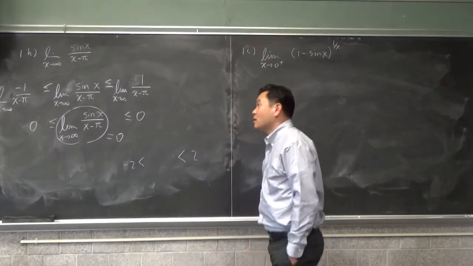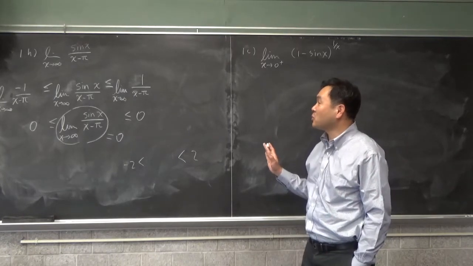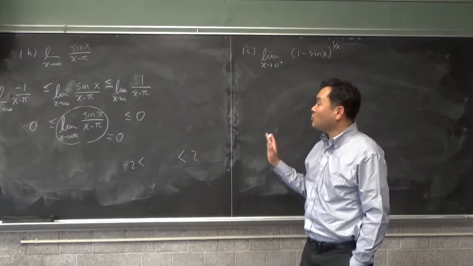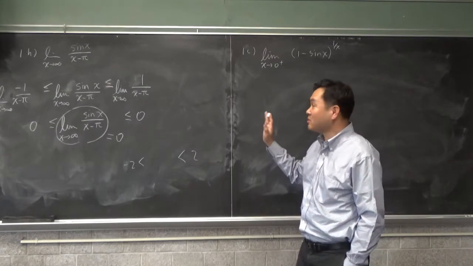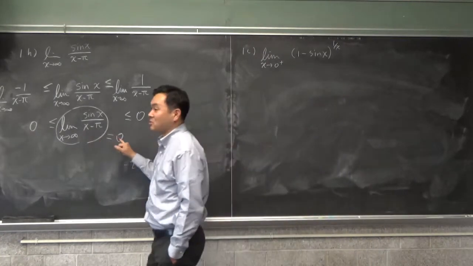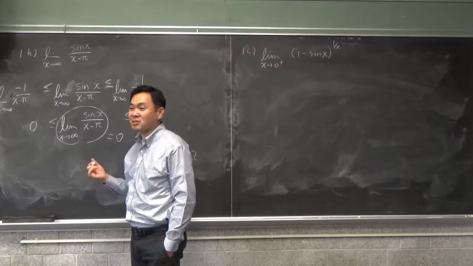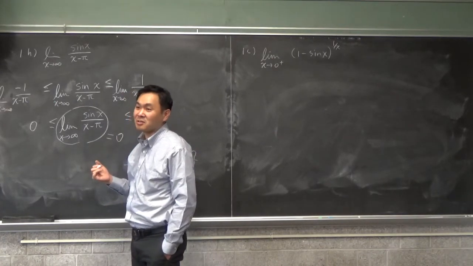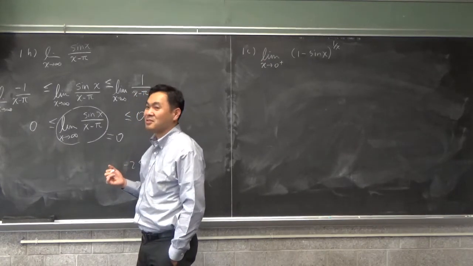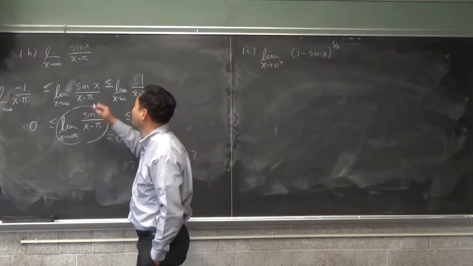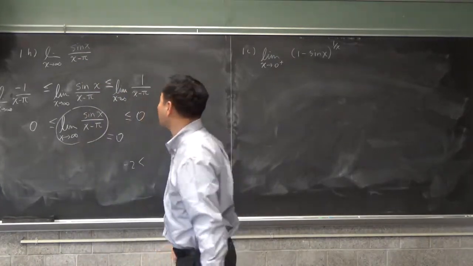Oh, okay. However, let's also think about the following question. Can we determine that that's 0 without using the squeeze theorem? Does it make sense that this limit is 0? Yeah. Why does it make sense? Look, just plug in something like a million.